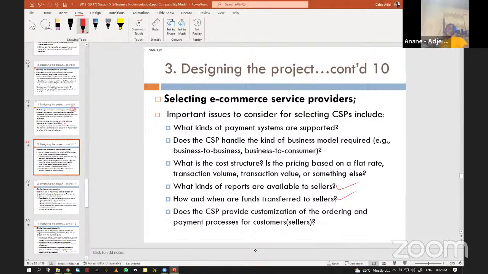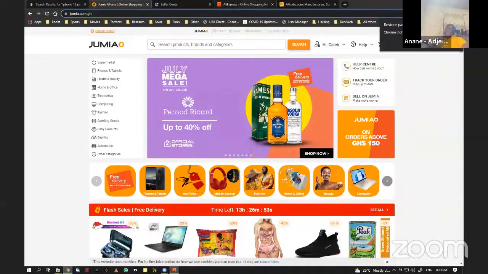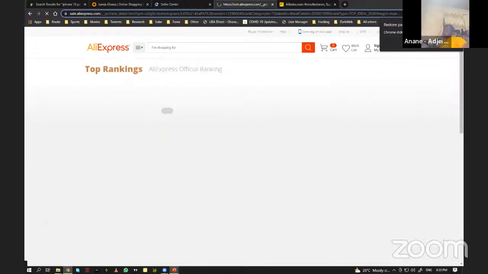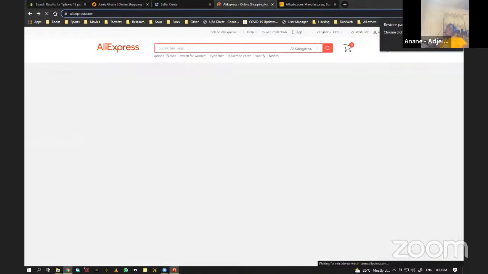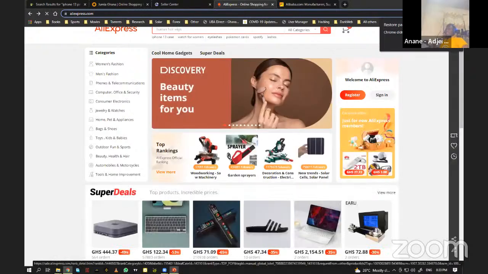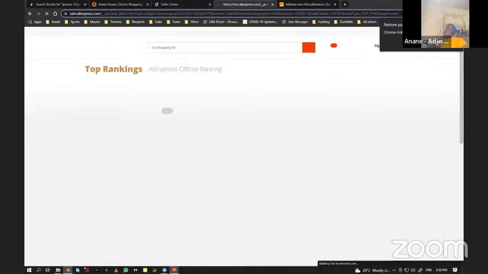Does the commerce service provider provide customization of ordering and payment process for customers? On AliExpress, when you want to buy something from a particular supplier, let's say I want to buy this wood cutting device.